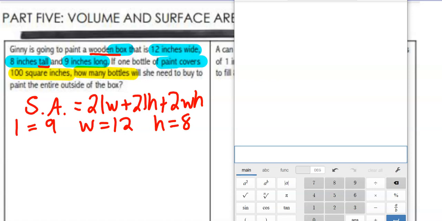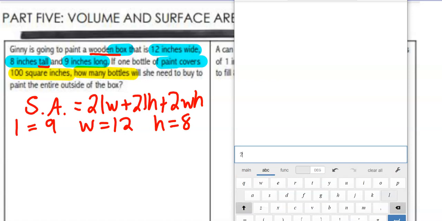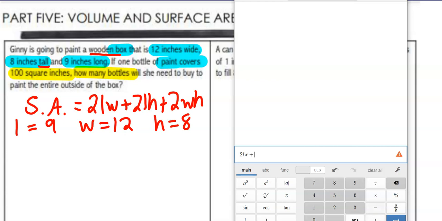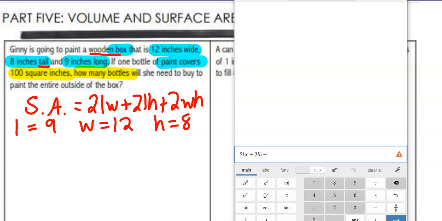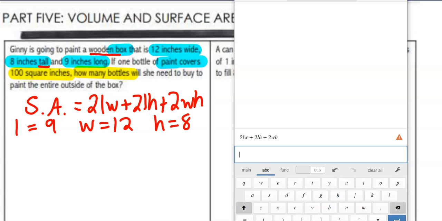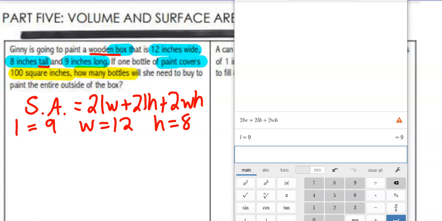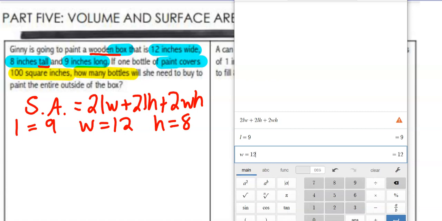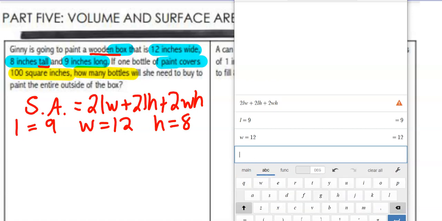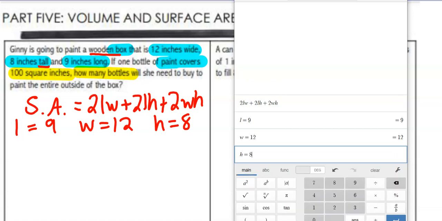Put my formula: 2 length times width plus 2 length times height plus 2 width times height. And now I'm going to tell Desmos that L is equal to 9 and W is equal to 12. And then finally H is equal to 8. And that gives us the answer of 552.